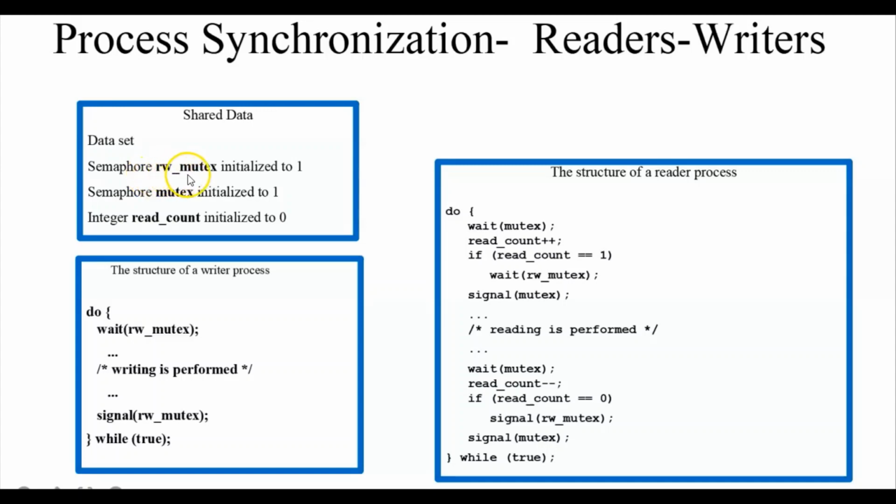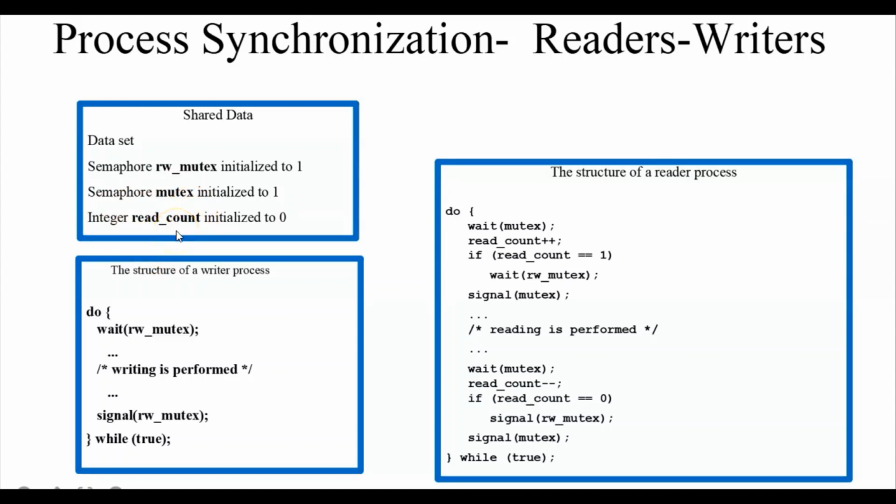It is used by the reader and writer processes to ensure that the write operation is exclusive. And the second binary semaphore, mutex, is used to ensure that the variable count between the readers is accessed exclusively. And we have a variable count which is used to keep track of the number of reader processes.